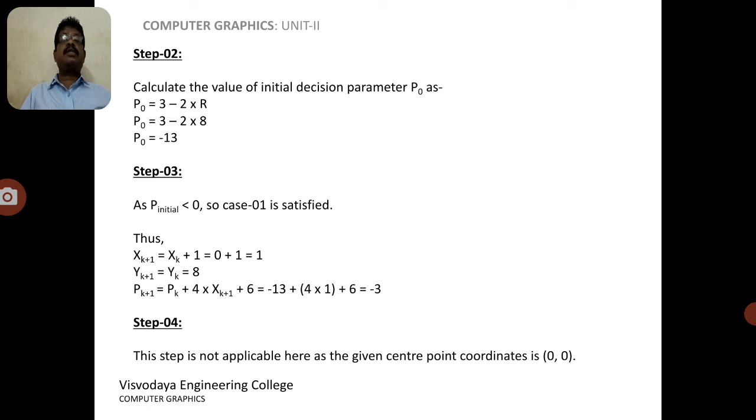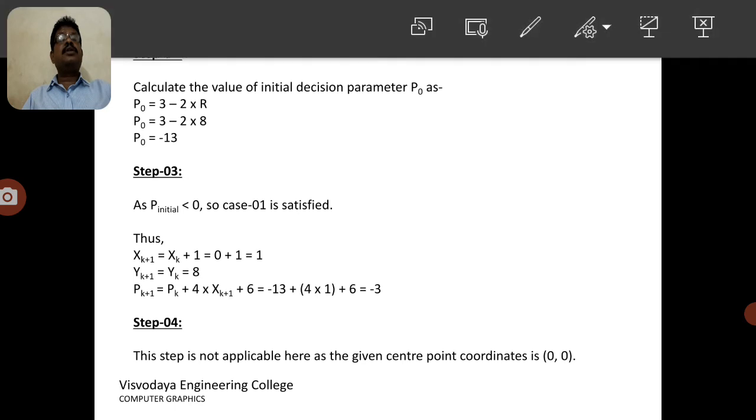That is xk plus 1 equals xk plus 1, and yk plus 1 equals yk only. Here the yk value is the radius value, 8. The x coordinate is incremented, 0 plus 1 equals 1.